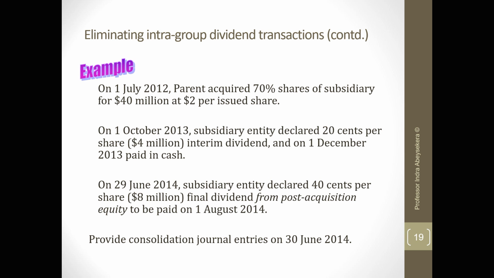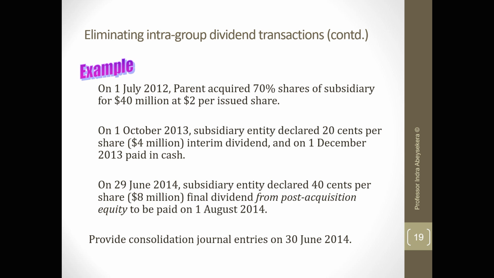So looking at the parent's general transactions, for the interim dividend, cash was received 2.8 and dividend revenue was recognized. For the final dividend, there's a dividend receivable of 5.6, which is 70% of 8, and dividend revenue of 5.6. That's what the parent recorded.